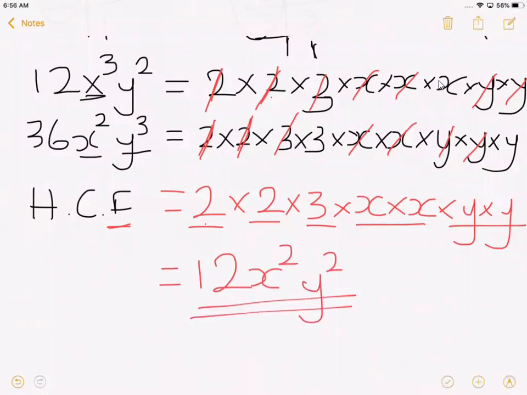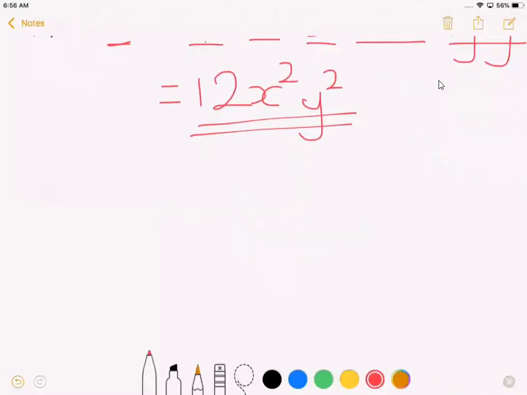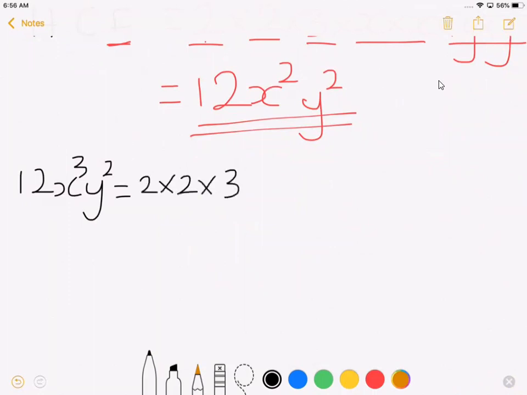Now, let's go and look for the lowest common multiple. I repeat again, writing 12x to the power of 3 and y squared as a product of its prime numbers. And we said it's 2 times 2 times 3 times x times x times x times y times y.